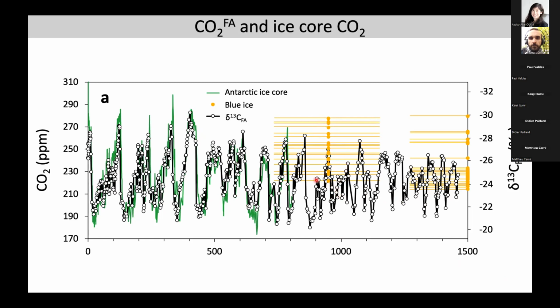So when we compare the blue ice and our records, there are large overlaps, but we have to see that the blue ice concentration is a bit higher than our reconstruction. So the discrepancy between the blue ice and our reconstruction is still a question. It's not clear yet.